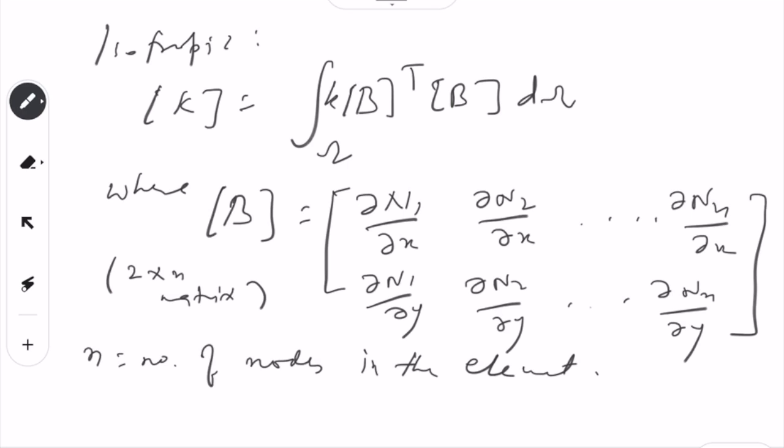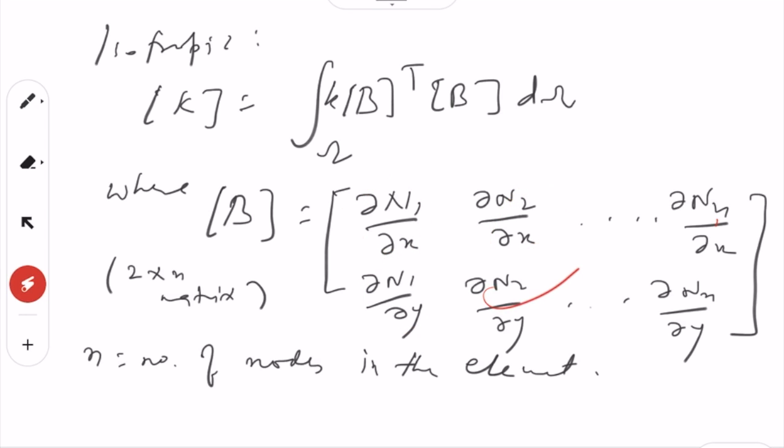Okay, now in general you can find K like this. For isotropic, this is what the form is. Now what remains is the value of these.